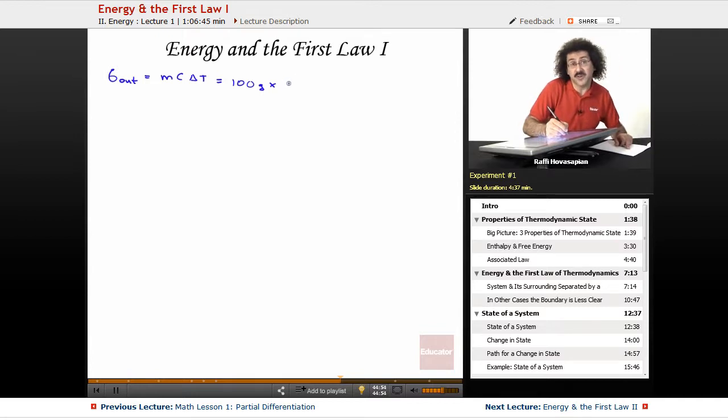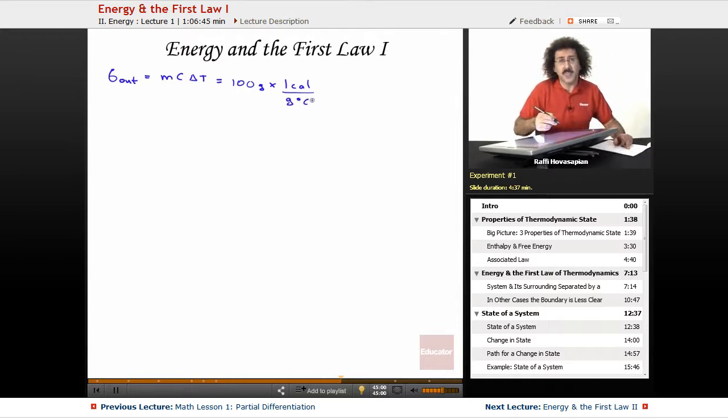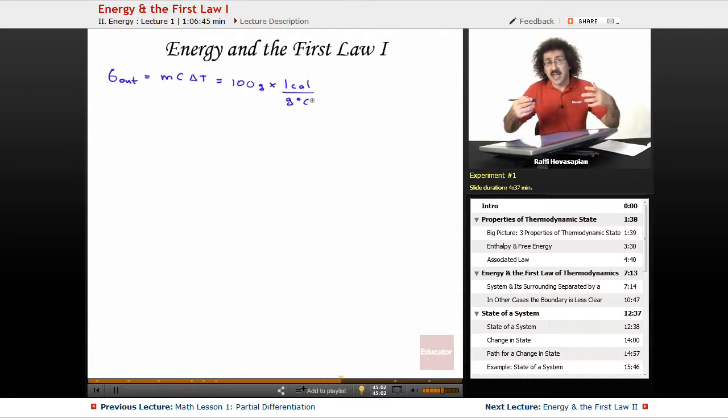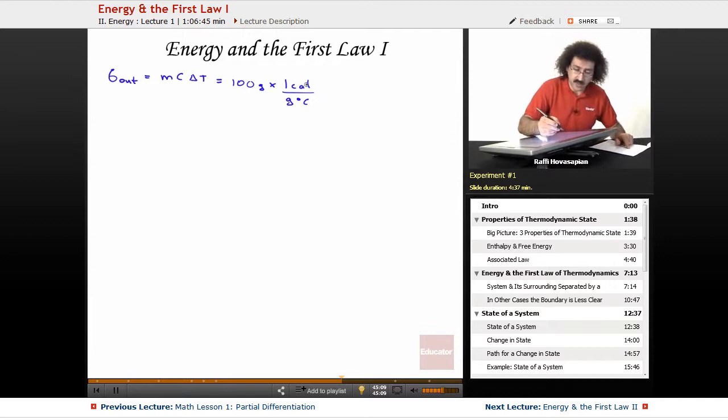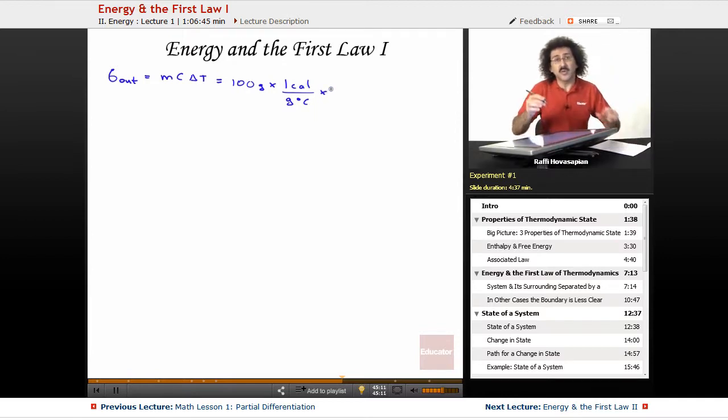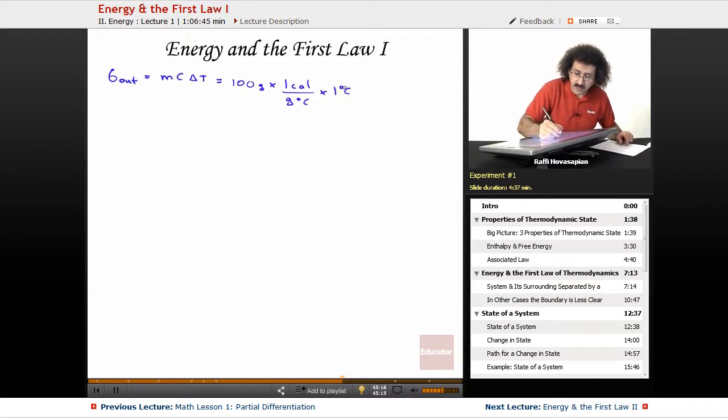I'm going to use the calorie instead of the joule for right now. So it's 1 calorie per gram per degree Celsius. That's the amount of heat energy required to raise 1 gram of water by 1 degree Celsius. And we let it drop by 1 degree Celsius.